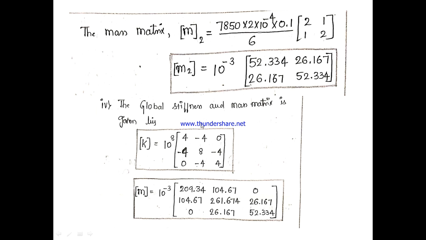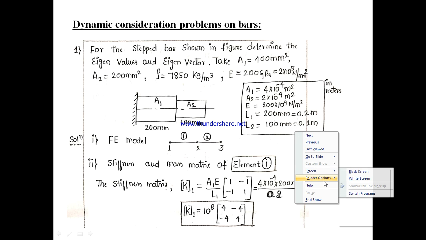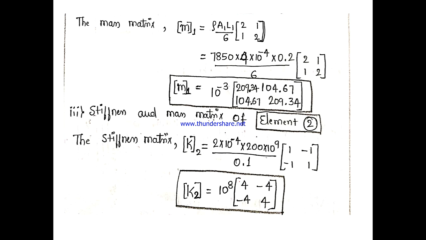Now the global stiffness matrix and mass matrix. I said the global stiffness matrix we have already discussed here. So here this is nodes 1, 2, 1, 2, and for this it is 2, 3, 2, 3.